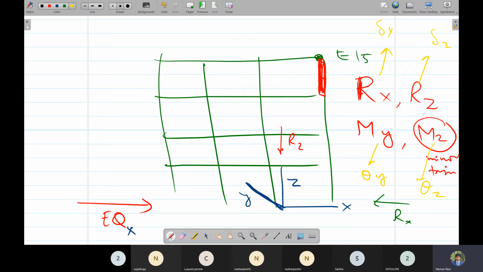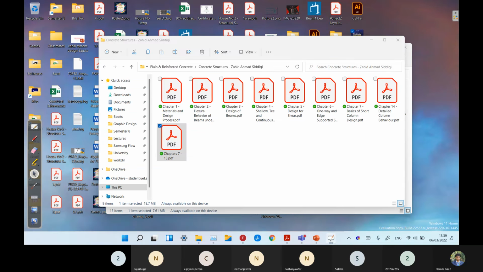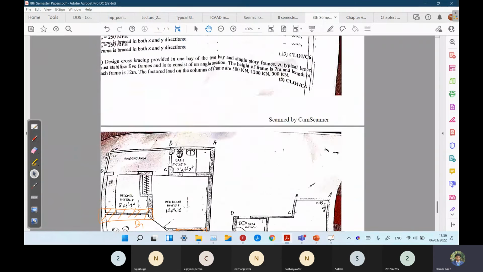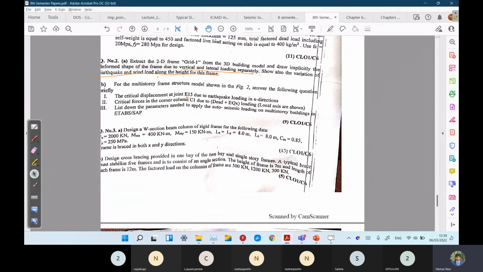If we know the critical forces at some point, we can simply convert them into displacements and rotations. So this is how we are going to write the critical displacement.